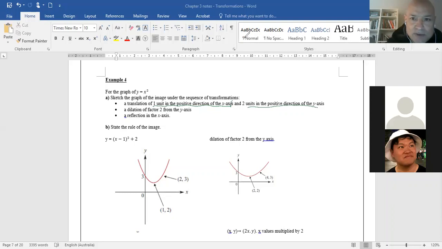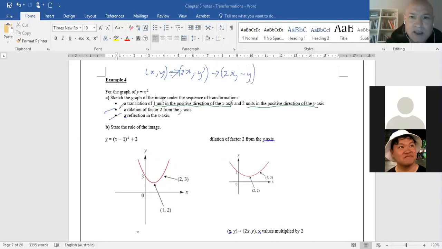So (x, y) goes to... A dilation of factor 2 from the y-axis is going to give me (2x, y). That's that one there. Reflection in the x-axis is going to give me (2x, -y).